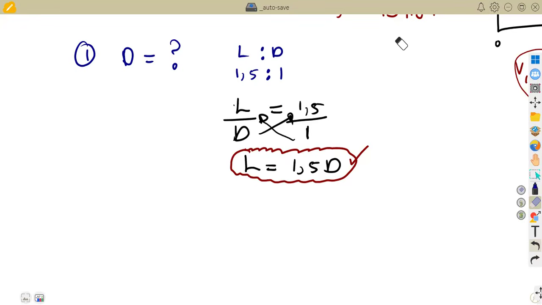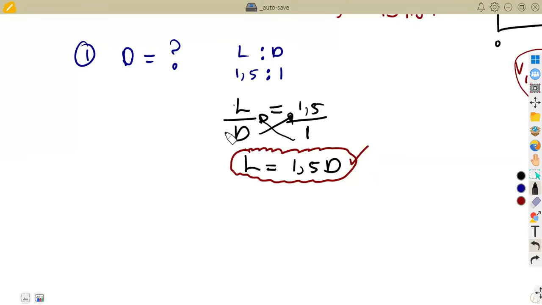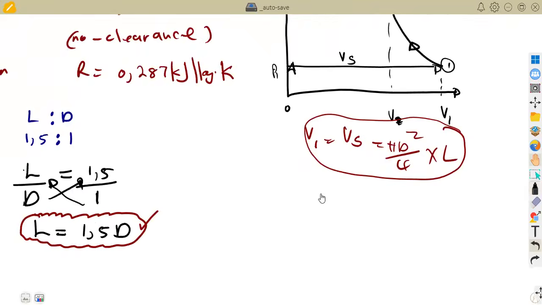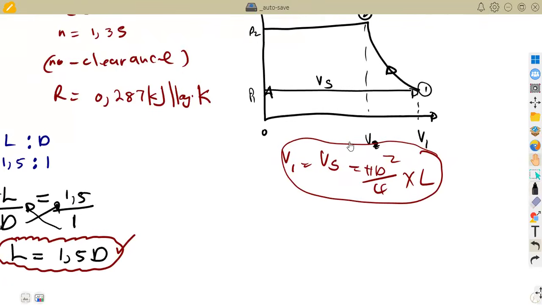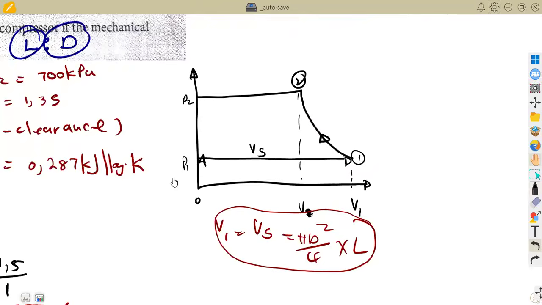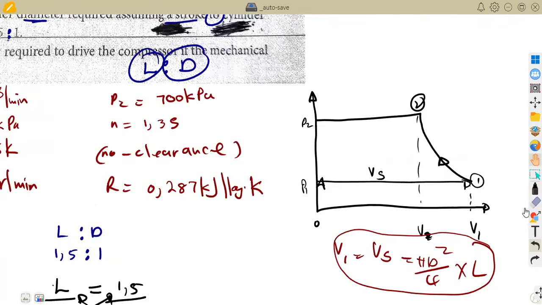We know that we're going to use the ratio, but how? So let's figure out how we can have our volume. Like I said, we are going to take it from the swept volume, which is our cylinder volume. But in order for you to have that cylinder volume, we need the diameter. We also need the stroke length that we do not have.